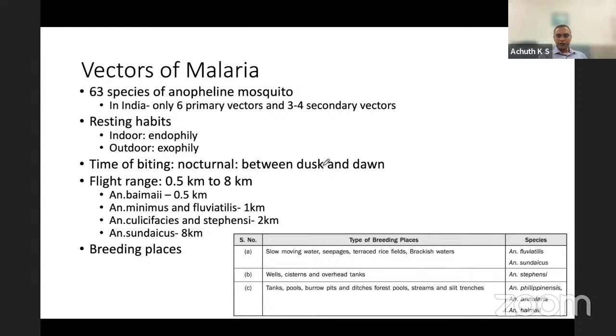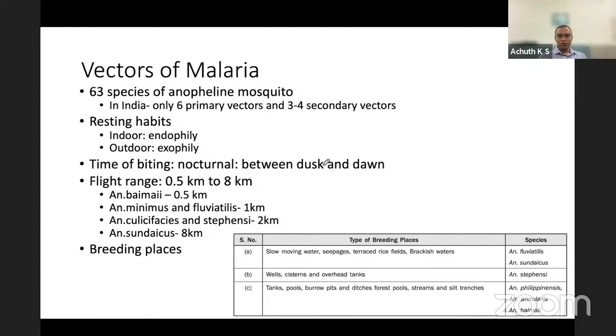Where does it breed? Slow moving water, seepages, terraced rice fields, brackish water. Where are the slow moving waters? Coastal areas, and in the hilly regions, not so hilly as to call it high altitude, but they are hilly regions. And seepages, terraced rice fields, which have clean water, and brackish waters in Kerala, towards the sea water, where the sea and the rivers meet.